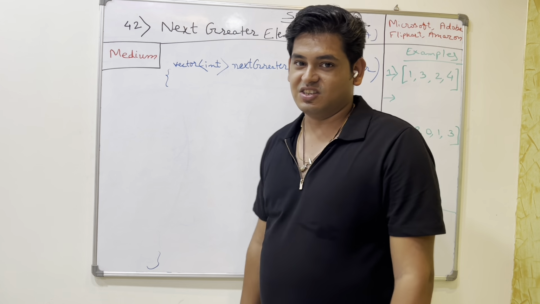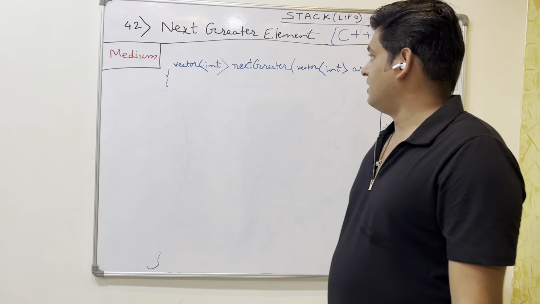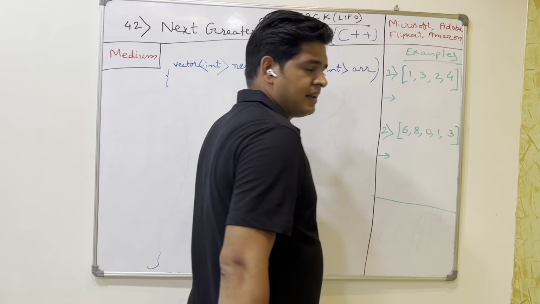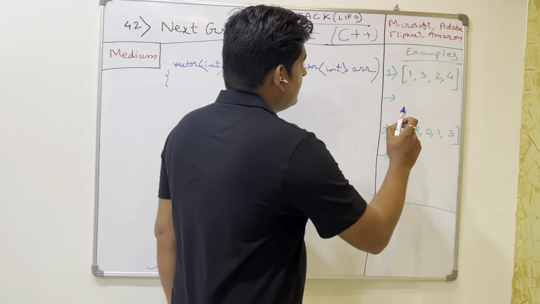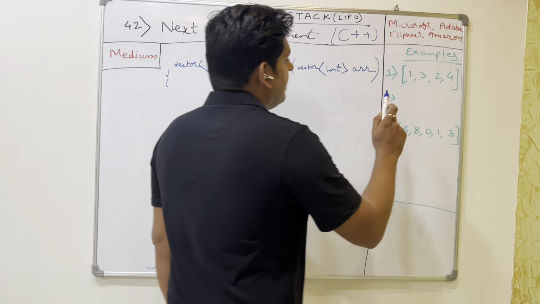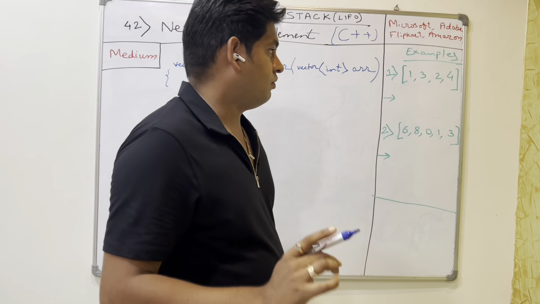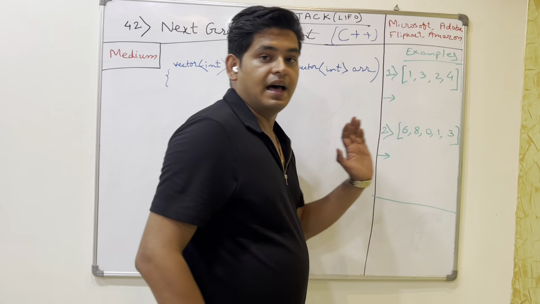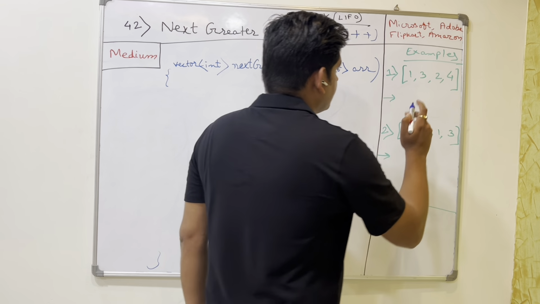So let's discuss this. Next greater element. We are given an array of elements, and we need to return an array of the next greater element of every element in the array. So what is the next greater element?